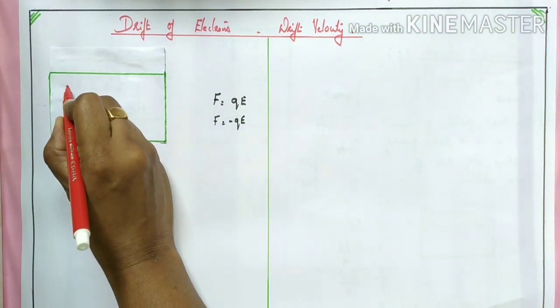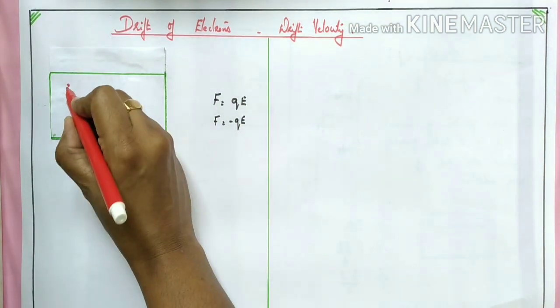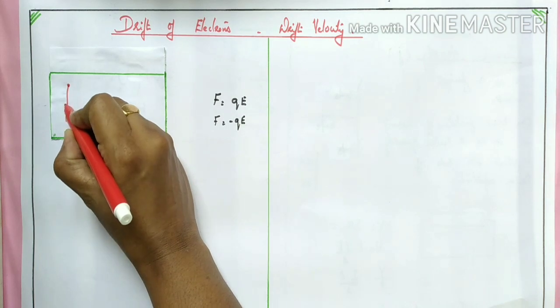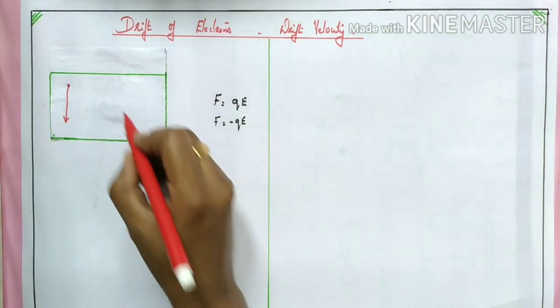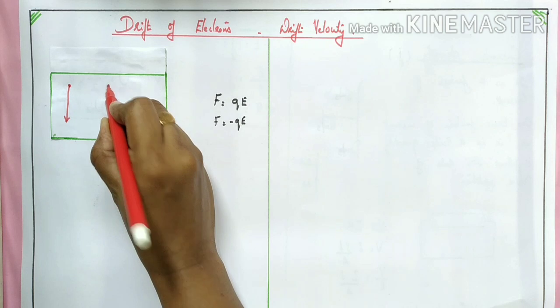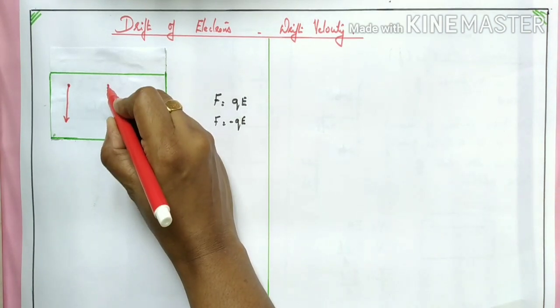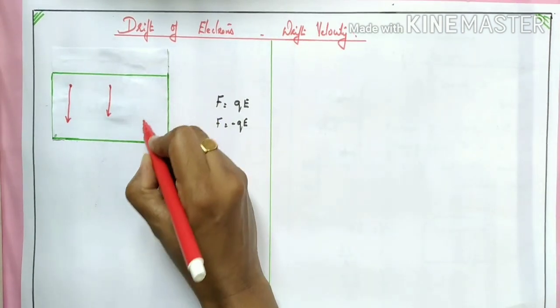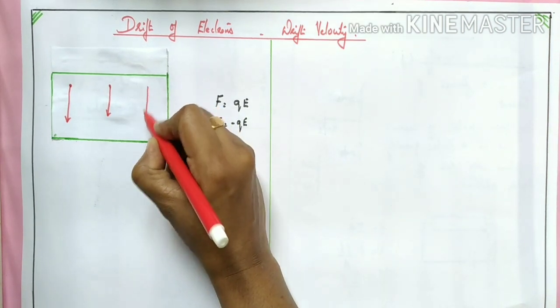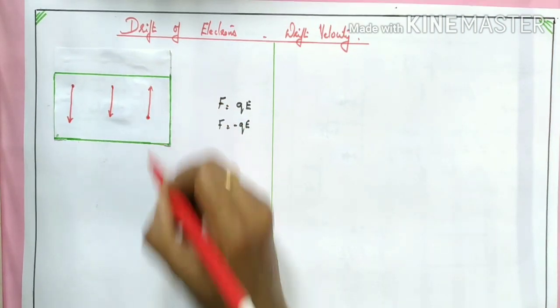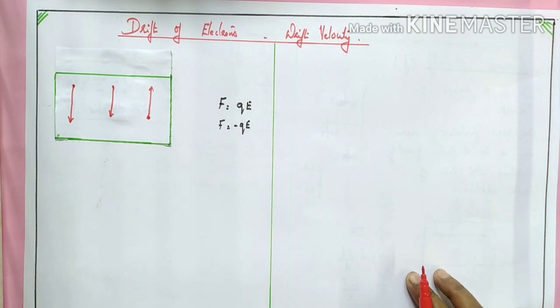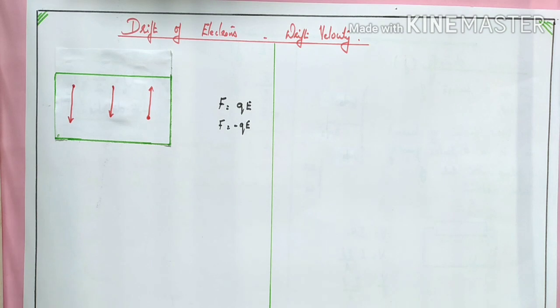Consider an electron moving in a downward direction in a straight line. Another electron is also moving downward, and another is moving upward. No external electric field is applied, no potential difference is applied.